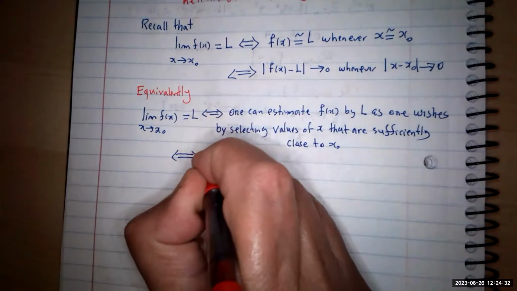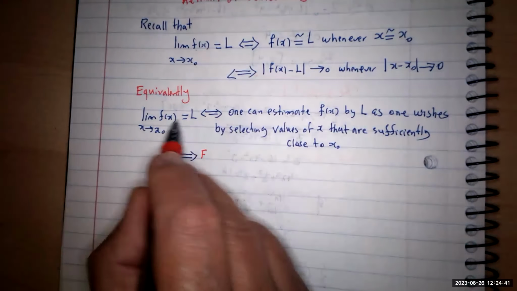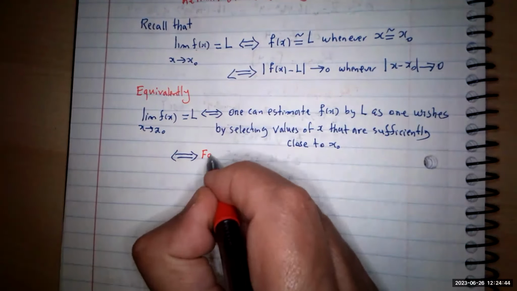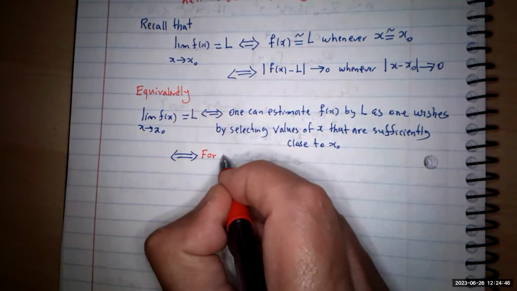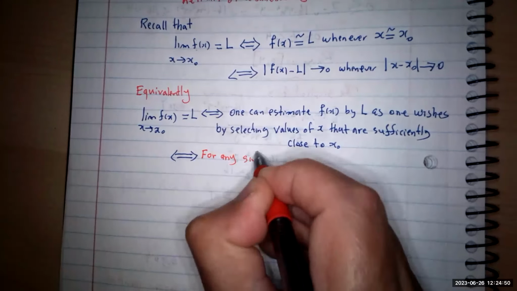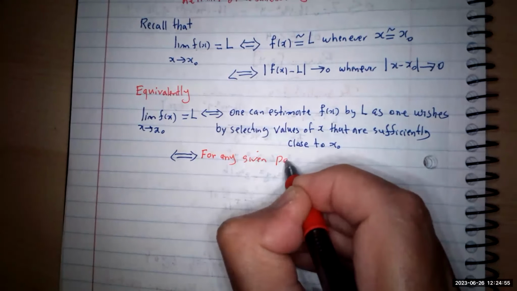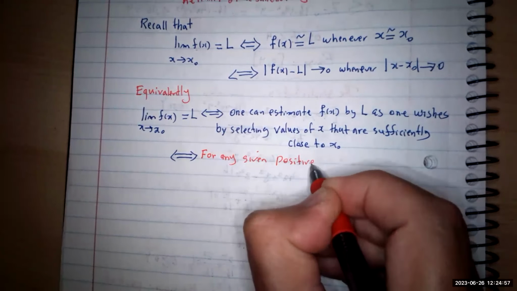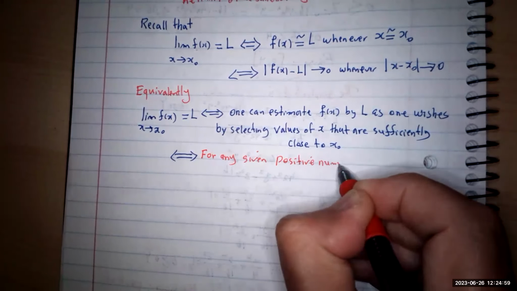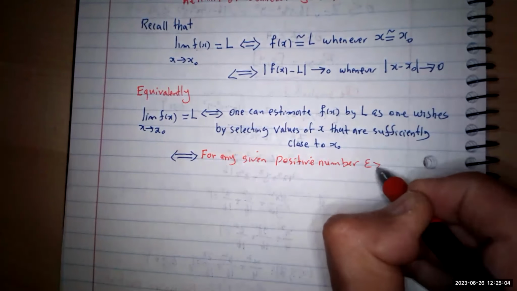This is the famous epsilon-delta definition of a limit that was given by Augustin Cauchy first and later on by Karl Weierstrass. So this is going to be true if and only if for any given percentage of error, given positive number, we usually refer to that number as epsilon.